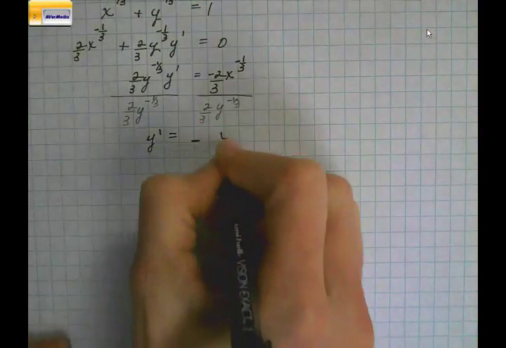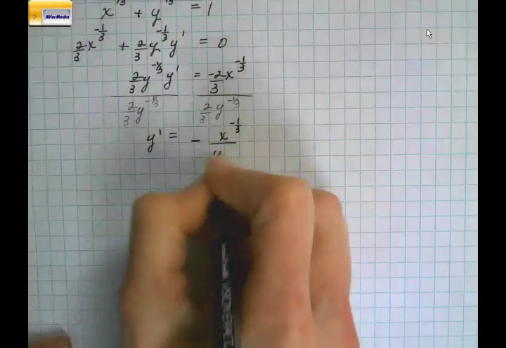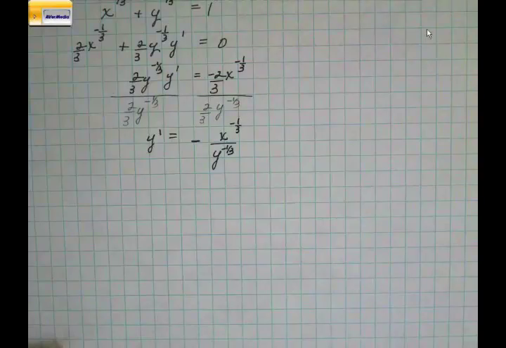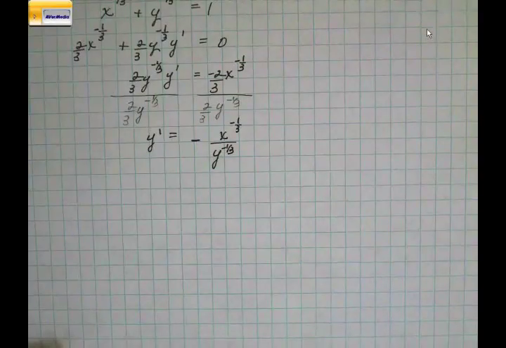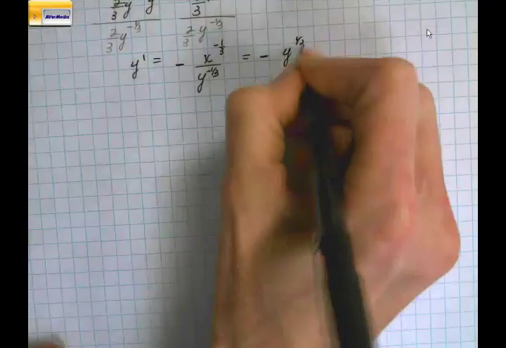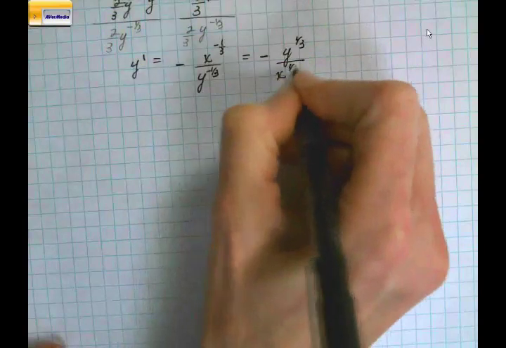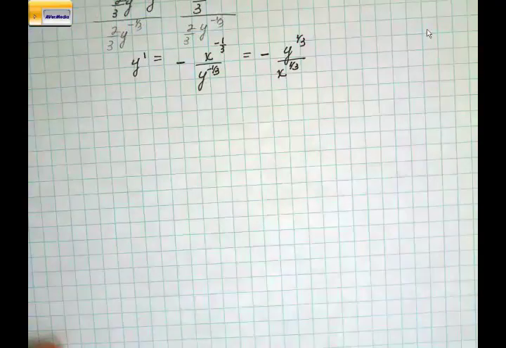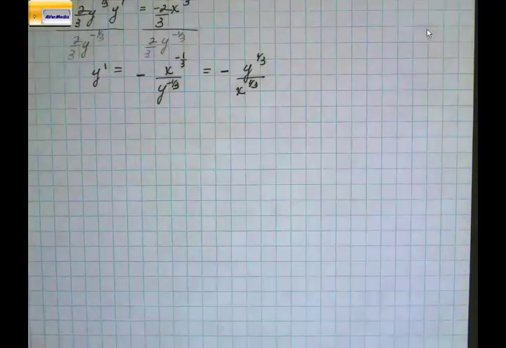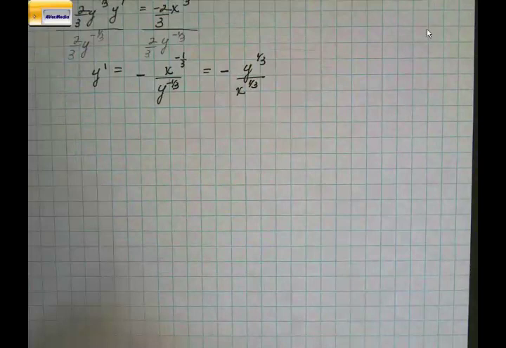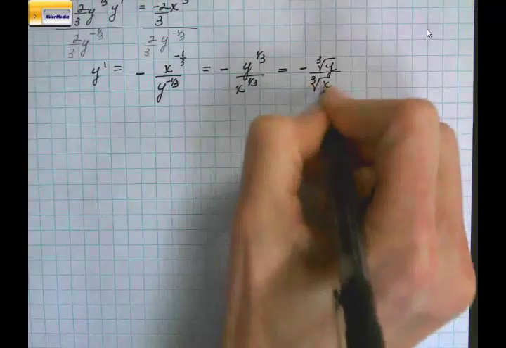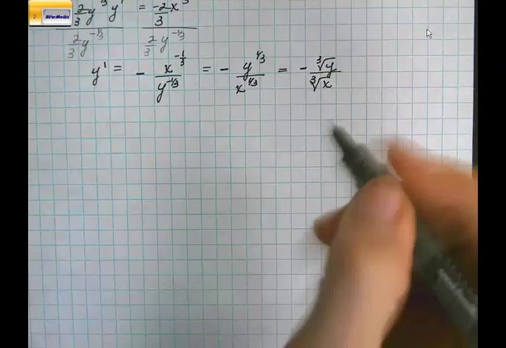So it's a negative x to the negative 1/3 over y to the negative 1/3. Which is the same thing as a negative y to the positive 1/3 over x to the positive 1/3. When you move them, they become positive, okay? And this is a negative cube root of y over a cube root of x, which is the first derivative.